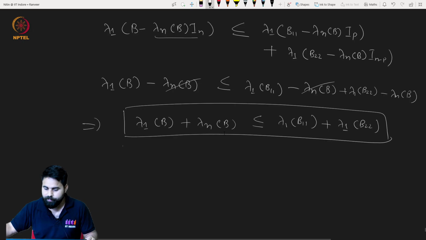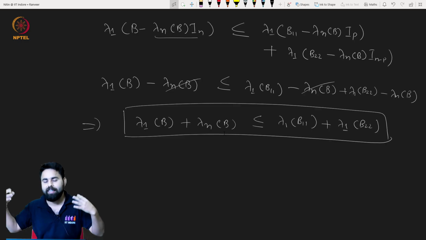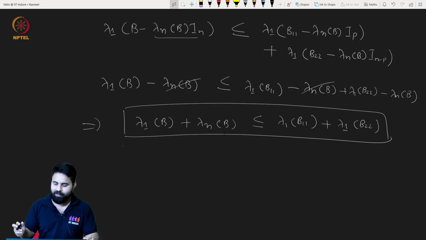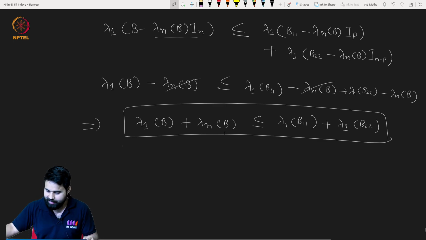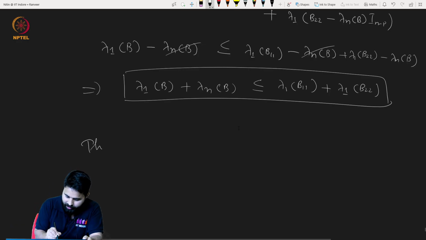Okay, now let us go to another result. And we will see use of this result when we prove some bounds on the chromatic number of a graph. Okay, so let me state the next result. So theorem.